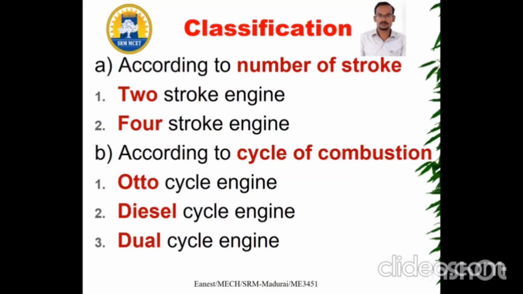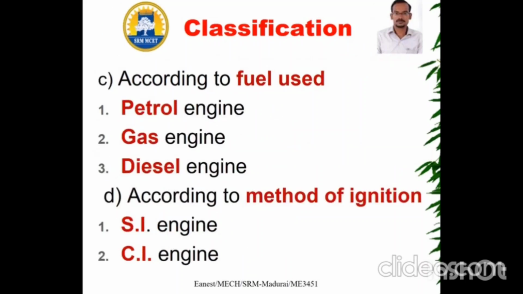Otto means petrol engine, whereas diesel means it is run using diesel as a fuel. Whereas the dual cycle uses electrical plus fuel or anything like this.